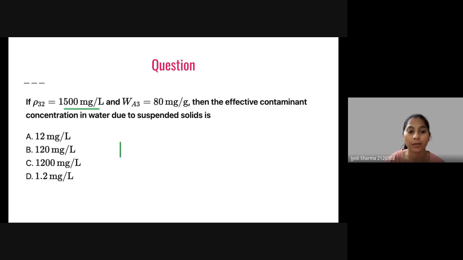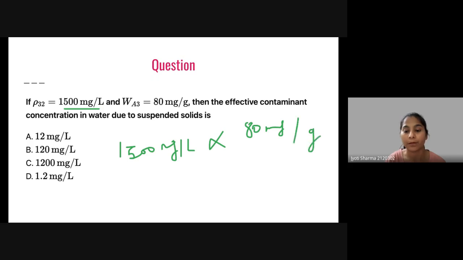So this is 1500 mg per liter multiplied by 80 mg per gram. So we can't cross these two things together.